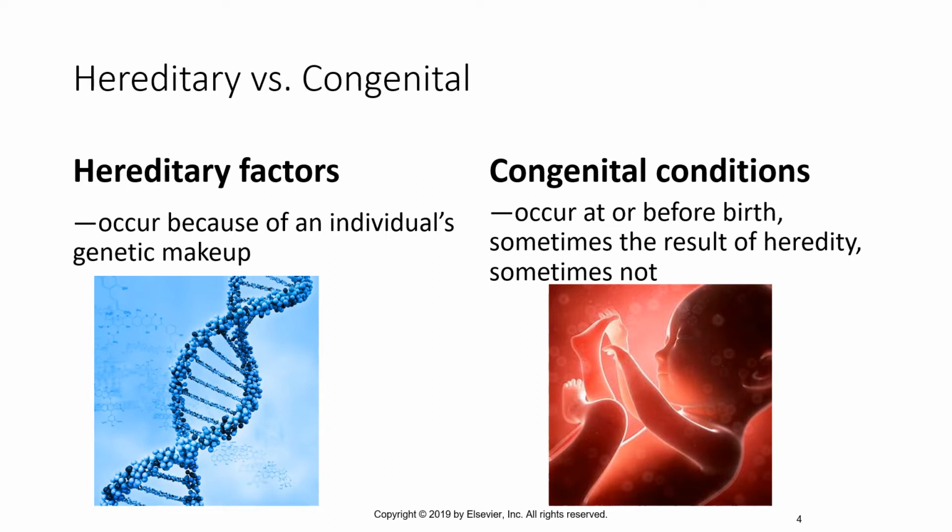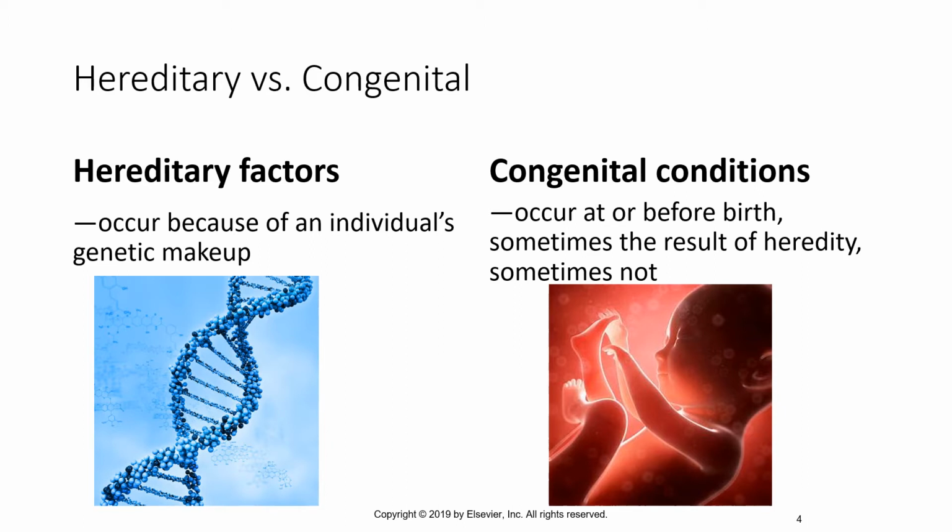Hereditary versus congenital. People often get these two confused. If a condition occurs because of the individual's genetic makeup, that's when it's considered a hereditary factor. Then we have congenital, and that's a condition that occurs at or before birth.